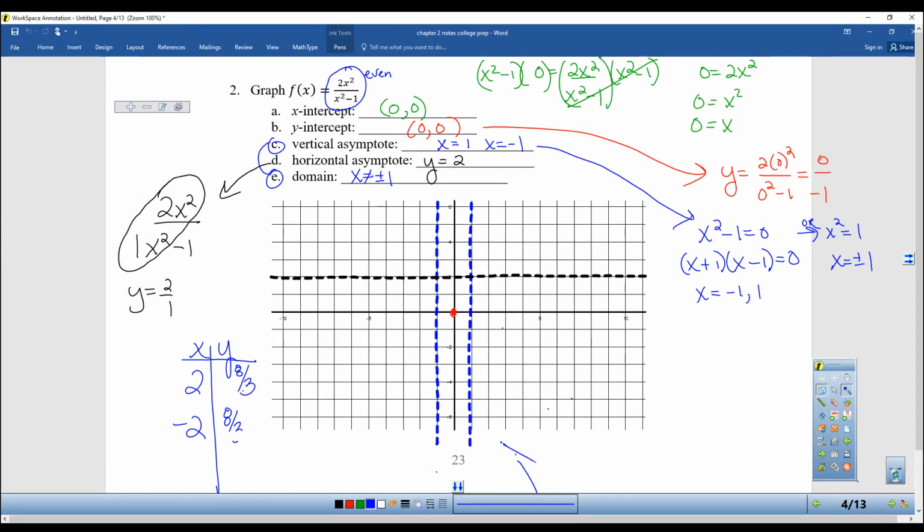Why is that so important? It's important because now when I go to graph that, 8/3 is the same as 2 and 1/3. So when I go to graph that, 2 and 2 1/3, I know that the other one is going to go over here. Oh, I missed it.